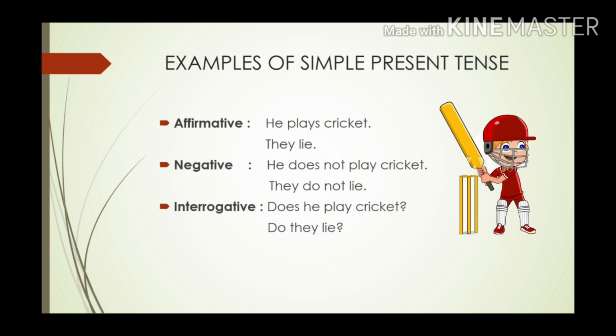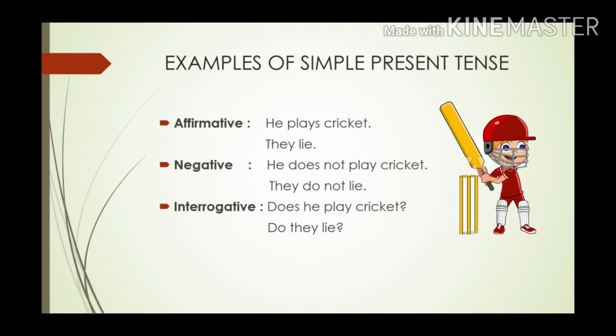Let's take another example. They do not lie. Here the subject is they, which is plural. So we will not put s or es with the base form of the verb. It will remain the same and then we will add not to it. So the sentence will be they do not lie.